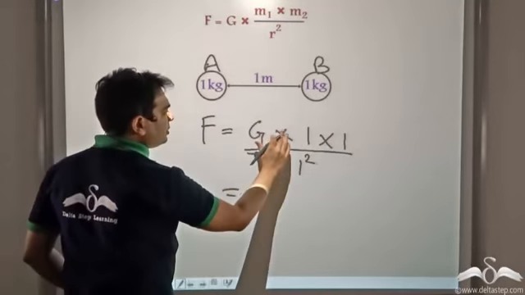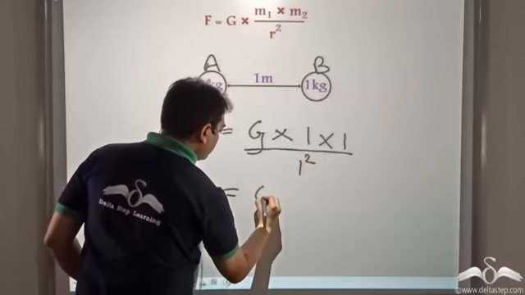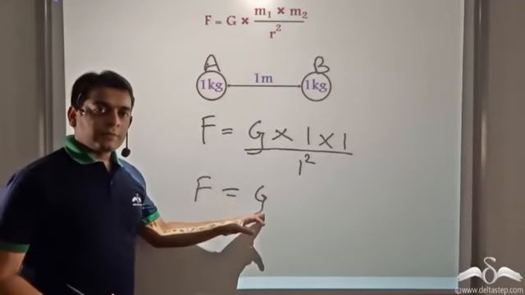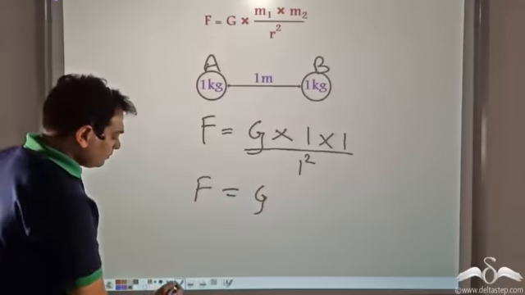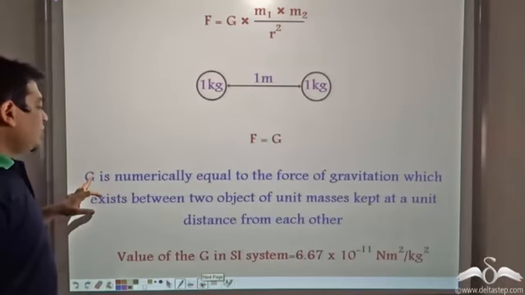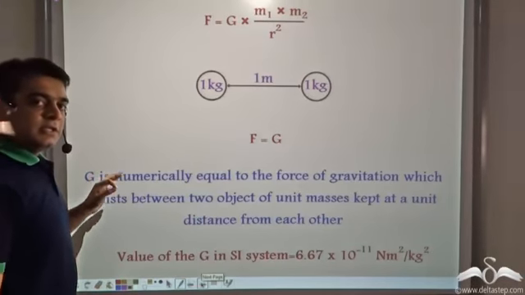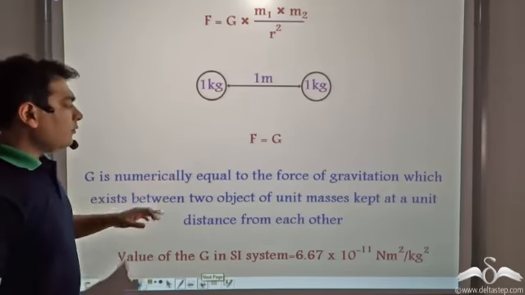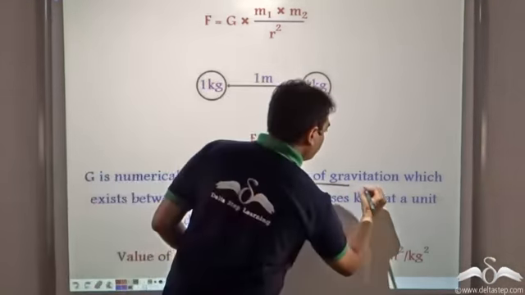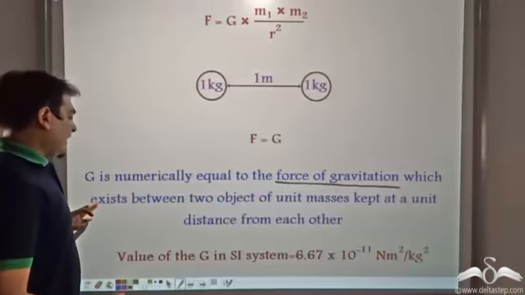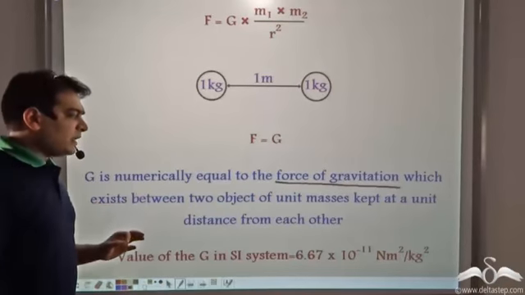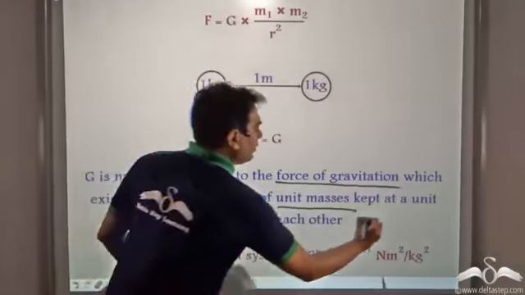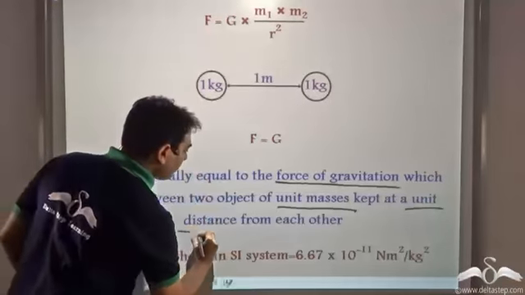So what we get is G into 1 divided by 1 is equal to G. So F is equal to G. Hence, G, or the universal gravitational constant, is numerically equal to the force of gravitation which exists between two objects of unit masses kept at a unit distance from each other.